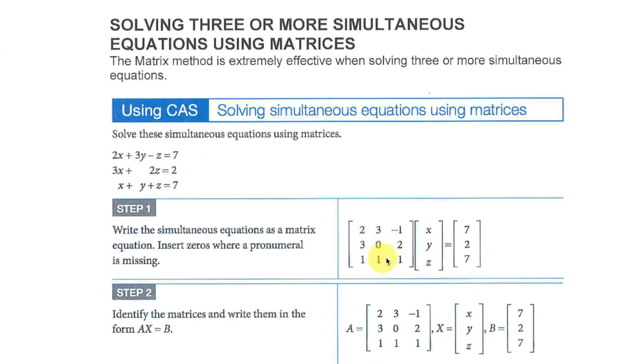So these are just the numbers in front of the variables x, y, and z. And here where we've got a missing y, I place in a 0. I have my variable matrix, and it's in the order x, y, z, because these variables are all listed in x, y, z. If they're not, you need to change things around. And there's my answer matrix.